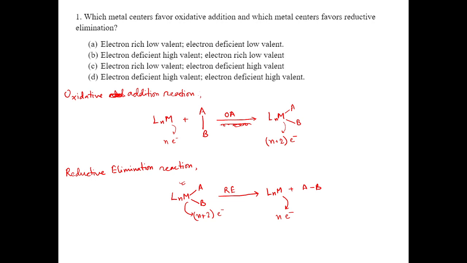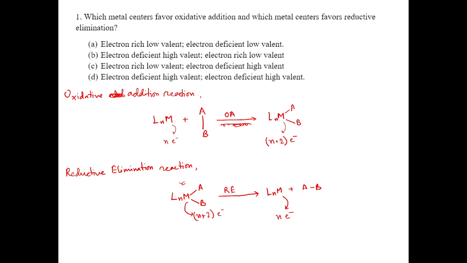Low valent means the metal center can accommodate this AB, so that type of approach needs to be there.